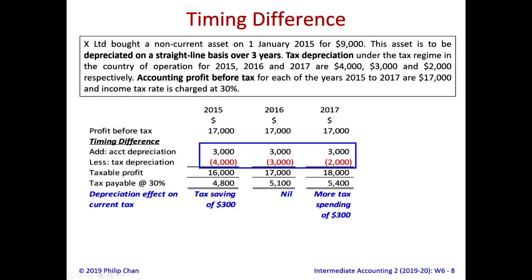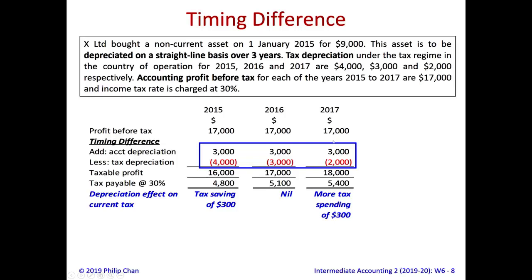And in the second year, 2016, because the accounting profit and the taxable profit are the same, you expect the tax payable to be exactly the same as the tax expense reported in the accounting record. So 17,000 times 30%, 5,100. There is no tax saving or extra tax spending in 2016.